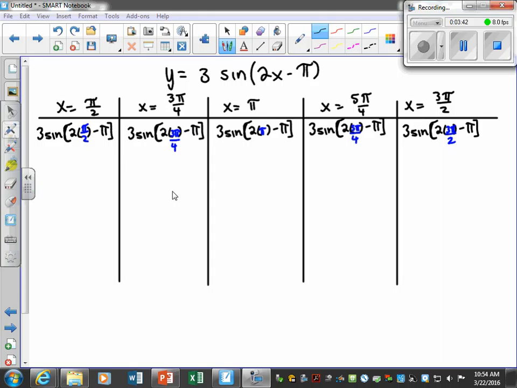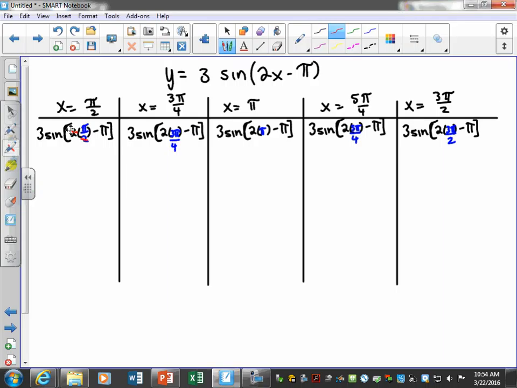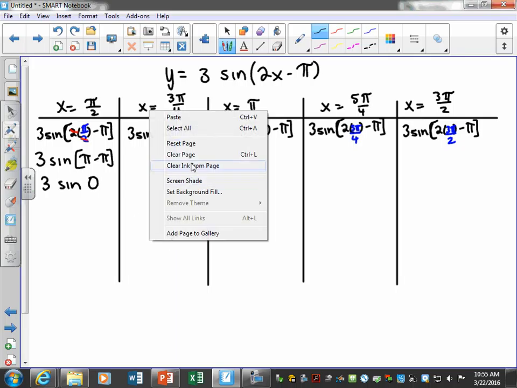So let's say first of all, we want to do order of operations here, and we need to simplify these 2's, right? So this 2 will cancel with this 2, and you're just going to have pi. I'm going to write every step in this one. So 3 sine of (pi minus pi) here, okay, which would then give us 3 times the sine of 0, right?